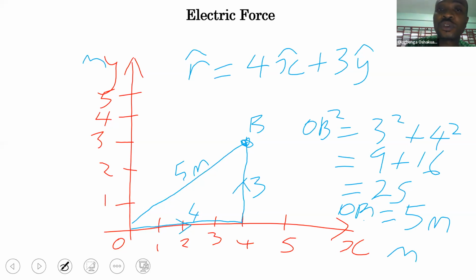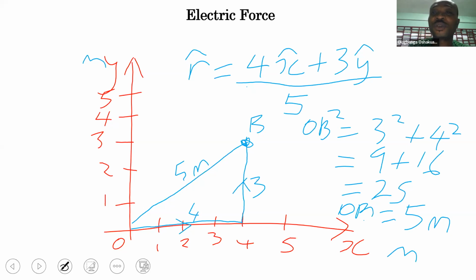But since we are talking about a unit vector, a unit vector is a vector whose magnitude is equal to 1. Unit means 1. The magnitude is 1, and a way to make the magnitude 1 is to divide this 4x plus 3y by the resultant of 4x plus 3y, which is 5. It's just like dividing 5 by 5, which will give me 1, the unit vector.